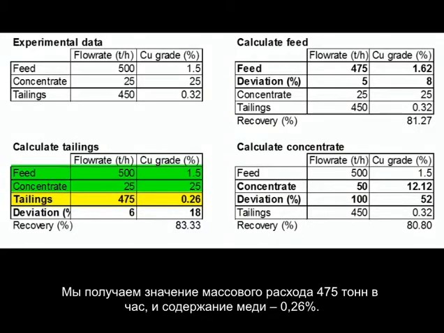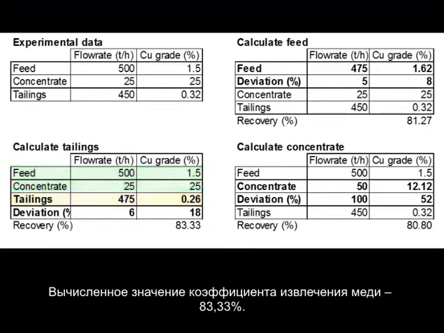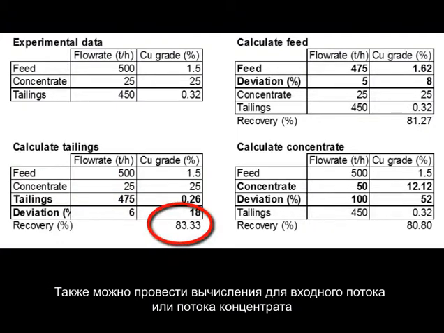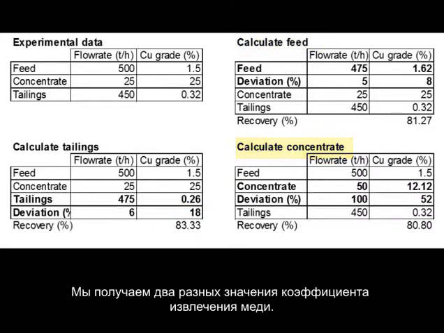The mass flow rate is now 470 tons per hour and the copper content is 0.26%. The calculated copper recovery is 83.33%. It is also possible to calculate the feed and the concentrate. Two different copper recoveries are obtained.